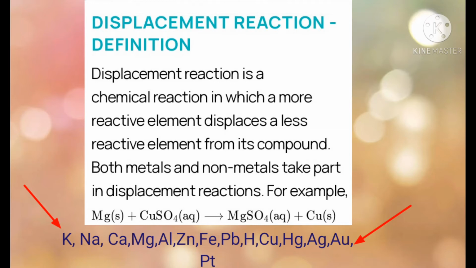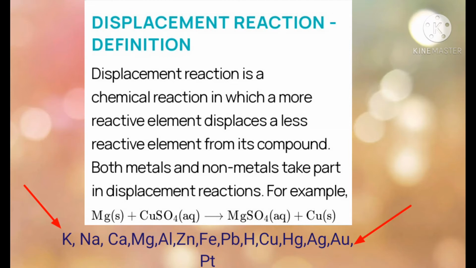Then calcium, then magnesium, then aluminium, zinc, iron, lead, hydrogen, copper, mercury Hg, silver Ag, gold Au, and last platinum Pt. So gold and platinum always shine because they are the least reactive elements. They don't react with any of the substances, so they always shine. That is why they are costly.